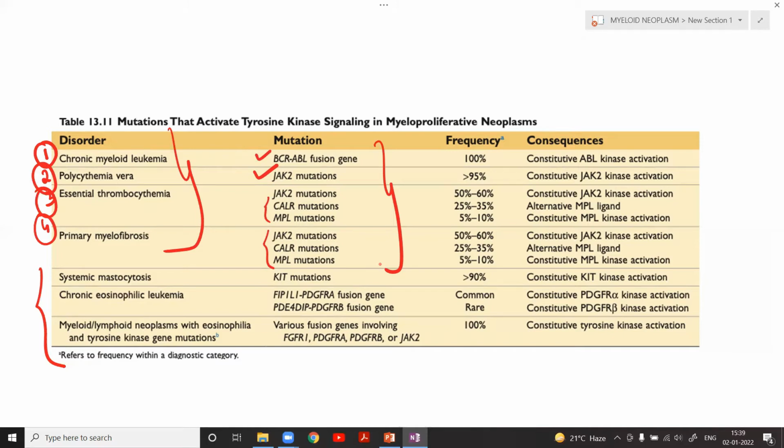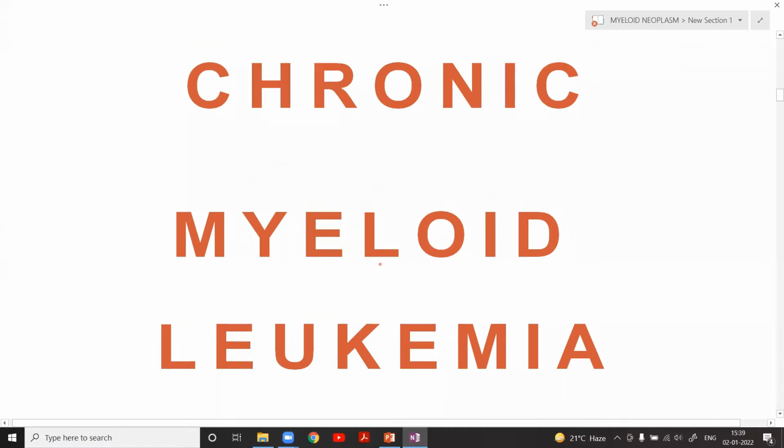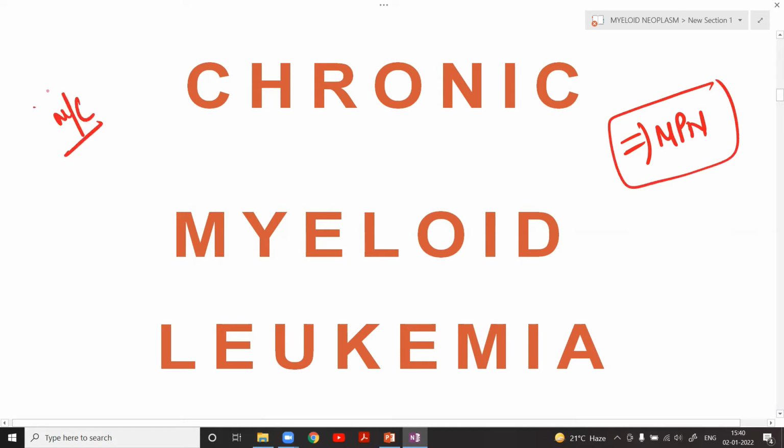So with this background in our mind, today we are going to read about chronic myeloid leukemia, which is one of your myeloproliferative neoplasms, and it is the most commonly asked exam question.